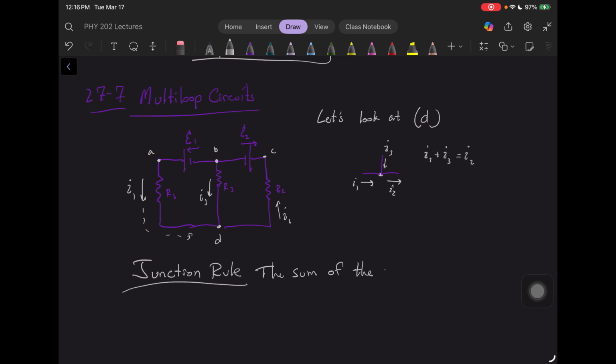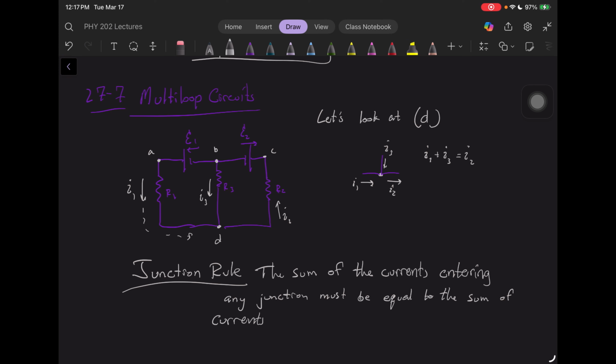The sum of the currents entering any junction must be equal to the sum of currents leaving that junction. We discussed this when we first introduced current and charge.